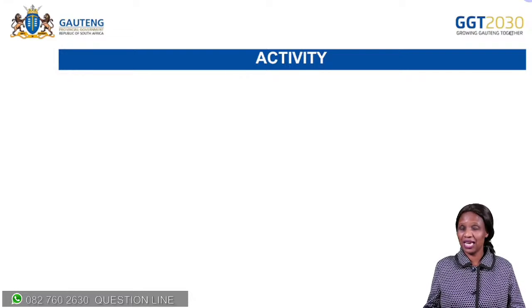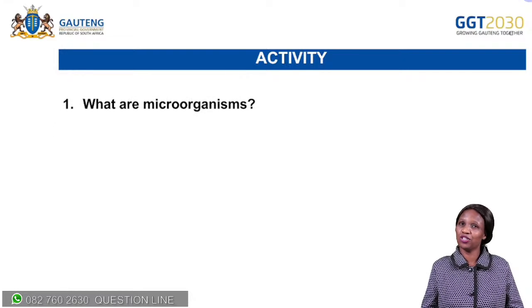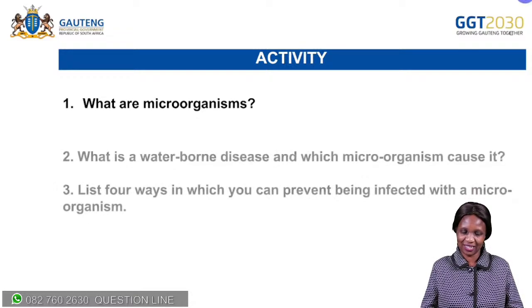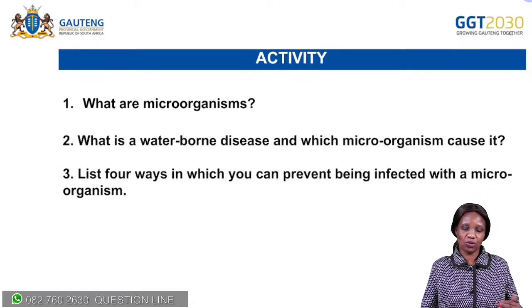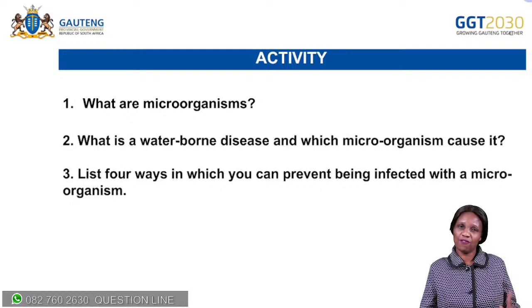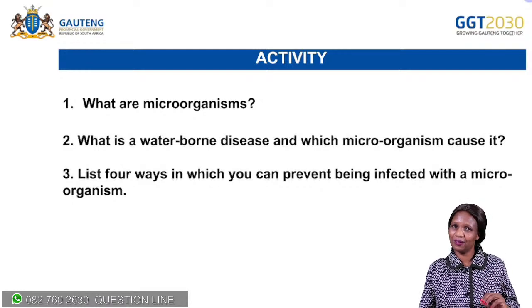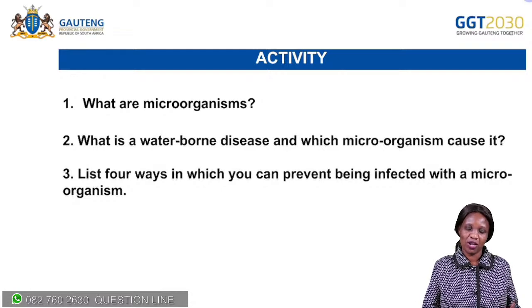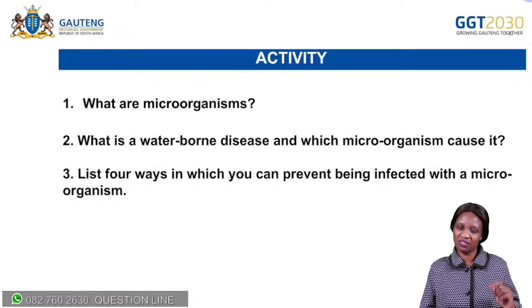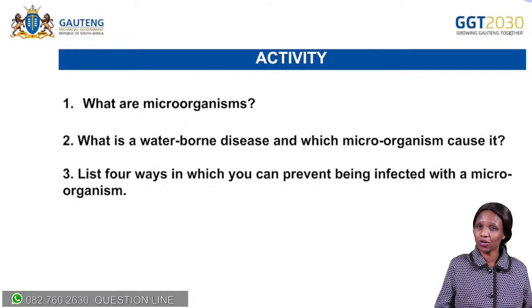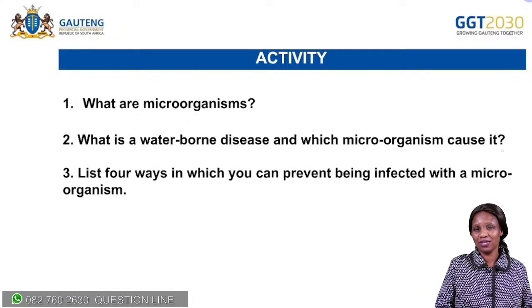And then we've got an activity which I want you to start writing, grade 8. Let's look at the first question. The first question says, what are microorganisms? Then question number 2, what is a waterborne disease and which microorganisms cause it?